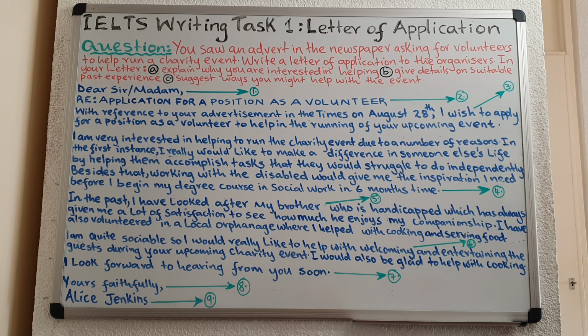We wrote about that in step 5. And then in step 6, we included information about the third point, that is point C: suggest ways you might help with the event. In step 6, we wrote about that.